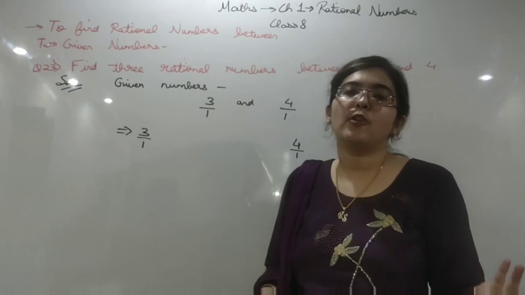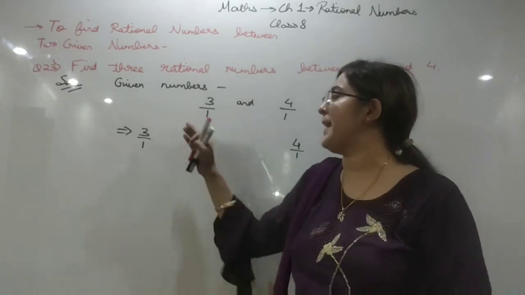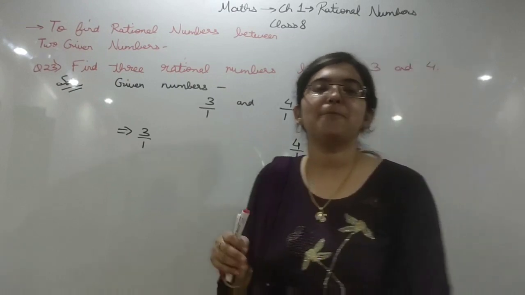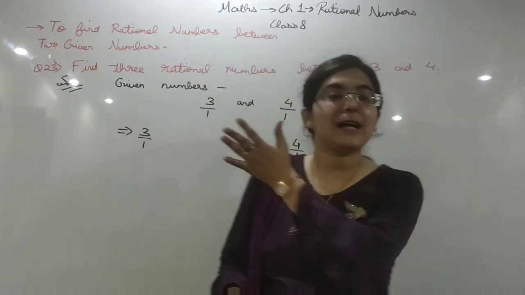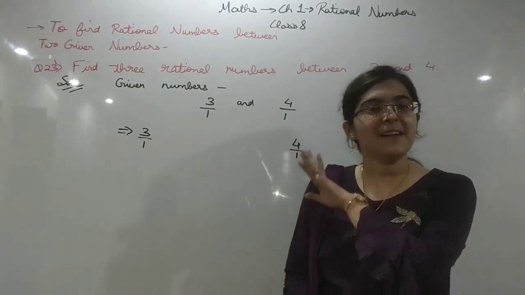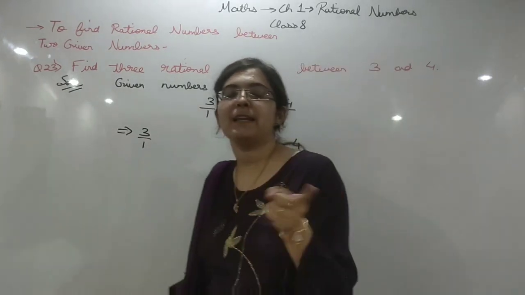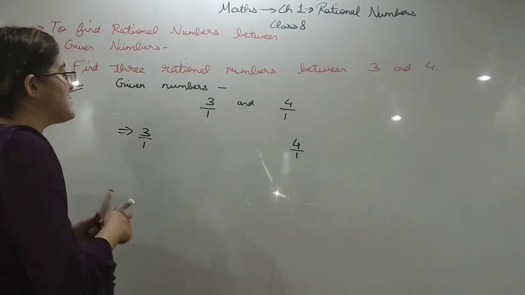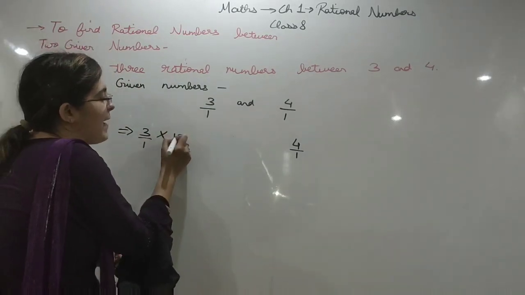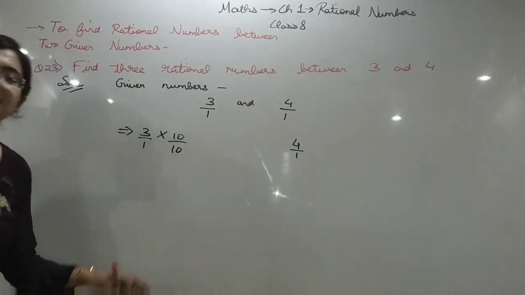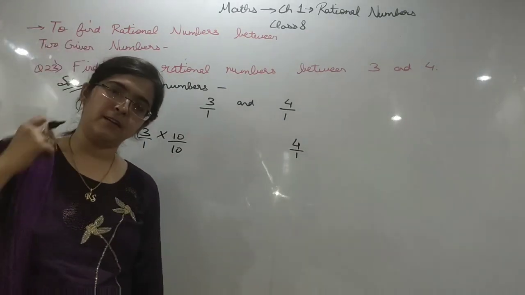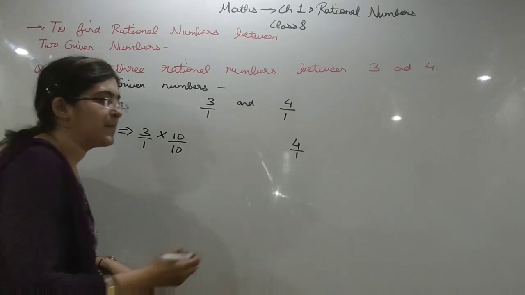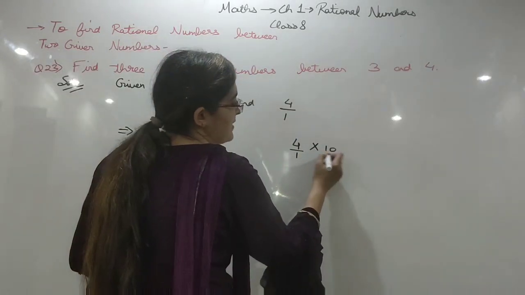Why? Because one person may multiply by 8, one by 10, one by 7, so the answers will come different, but all answers are correct. But I am telling you one method, you have to follow this only. We will always multiply and divide by 10. Why? Because it is easy to calculate. Again, we will multiply this also.